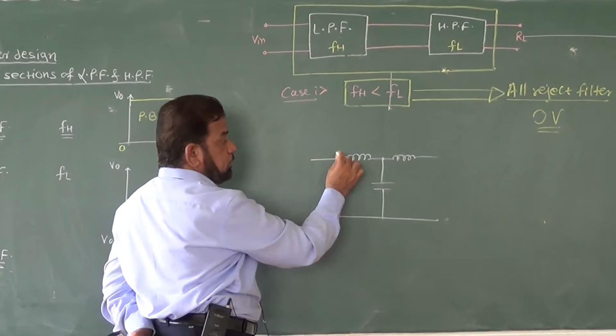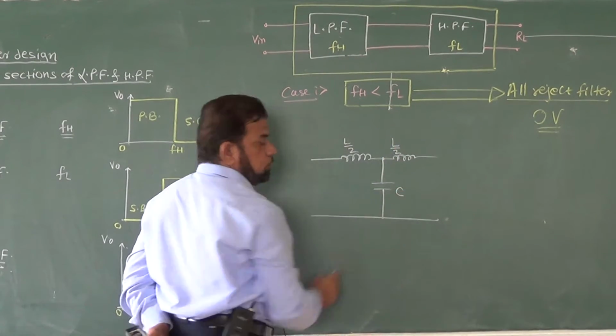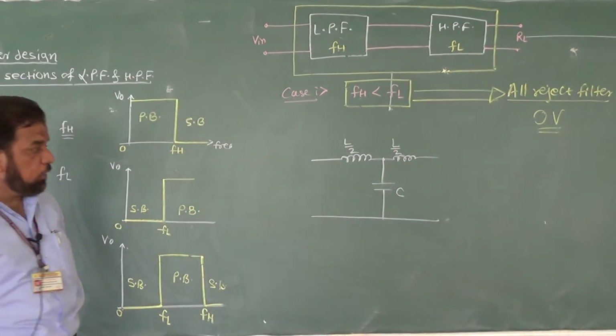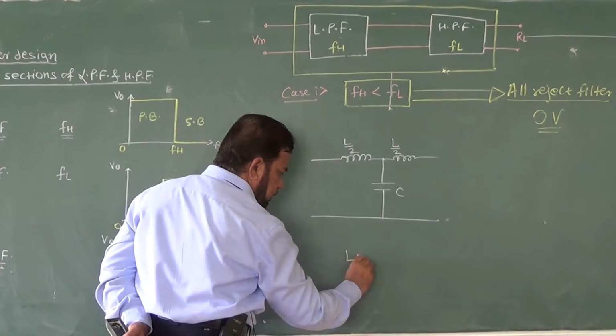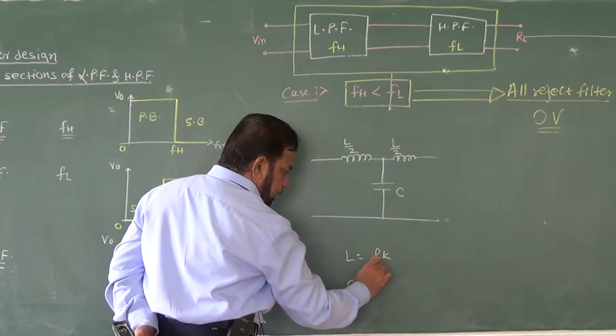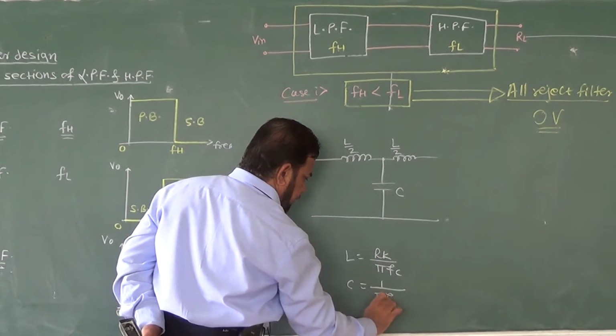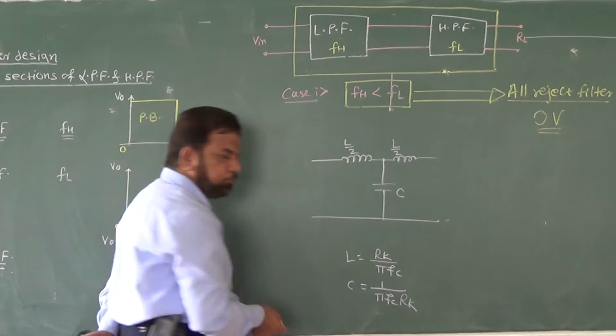So this value is L by 2, this is L by 2, whereas this is C. And the value of L and C are given by some formulas. So it is Rk by pi Fc, whereas C is 1 by pi Fc Rk.